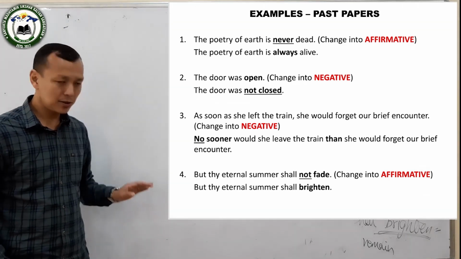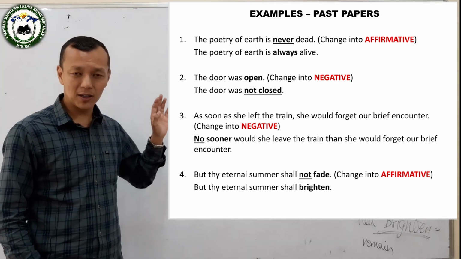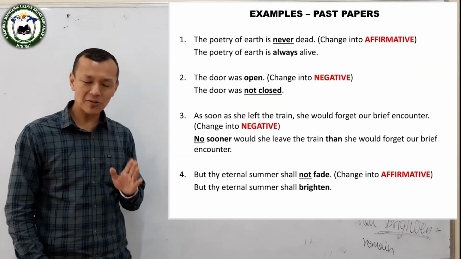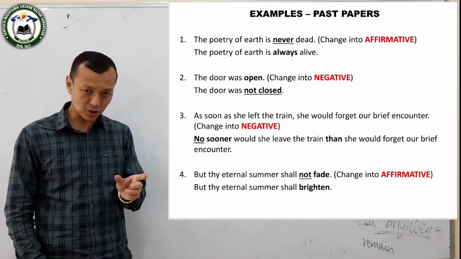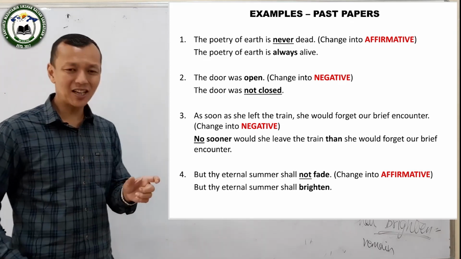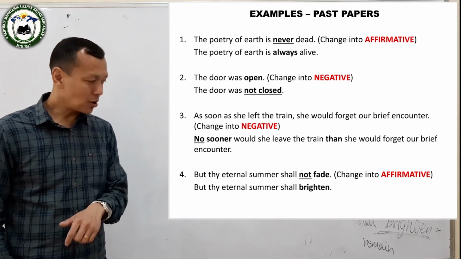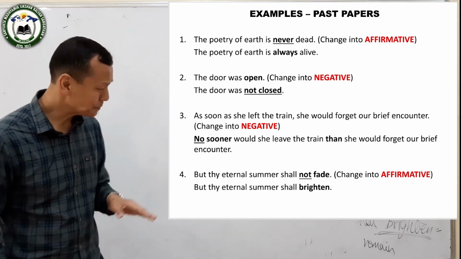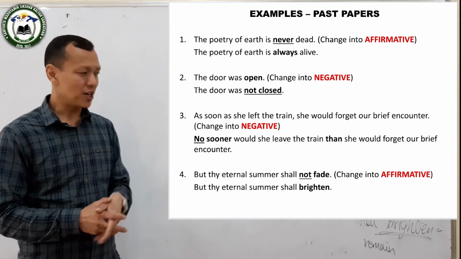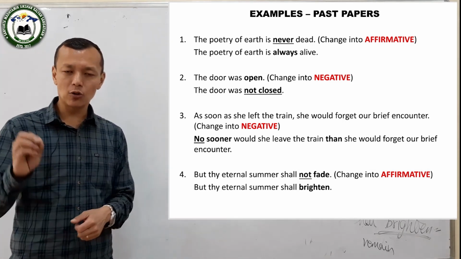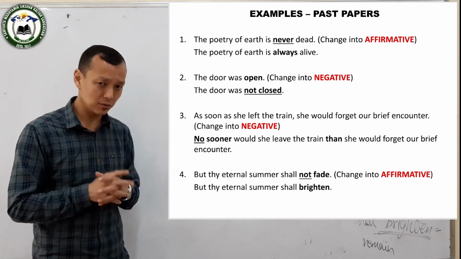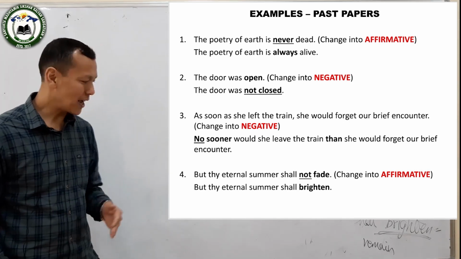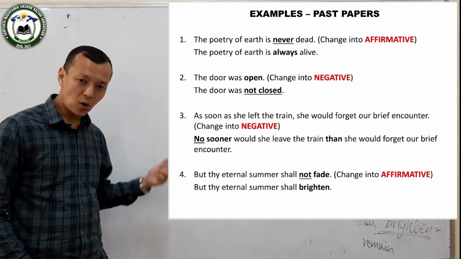Now the third one is a slightly different kind of a change unlike the first two sentences. यहाँनिर as soon as she left the train. अब यो कन्स्ट्रक्सन तपाईले एकदम याद गरिराख्नुहोस्, as soon as भनेर कन्स्ट्रक्सन दिएको छ भने, यसलाई तपाईले आन्सर लेख्दाखेरि नो सुनर अनि त्यहाँ बिचमा देन लेख्नु हुन्छ. No sooner and then have been highlighted, so that is how you can make the change. नेगेटिभ बनाउँदा हामीले नो लेख्यौँ, नेगेटिभ भइहाल्यो सेन्टेन्स, but what are the other things we have changed?